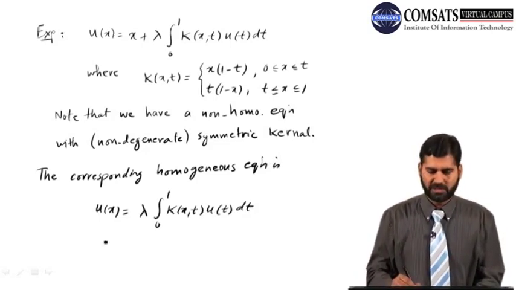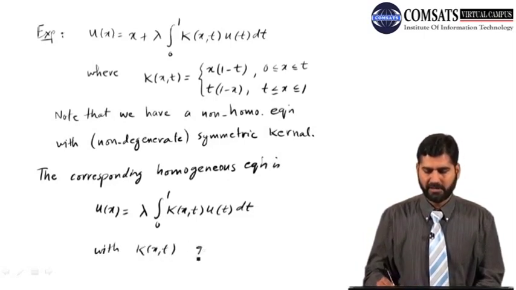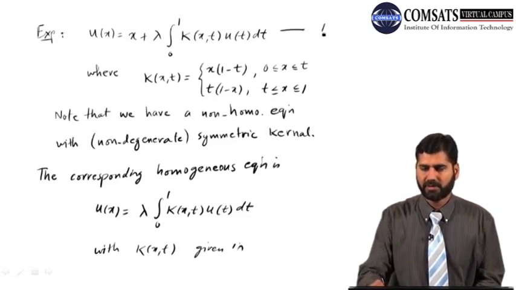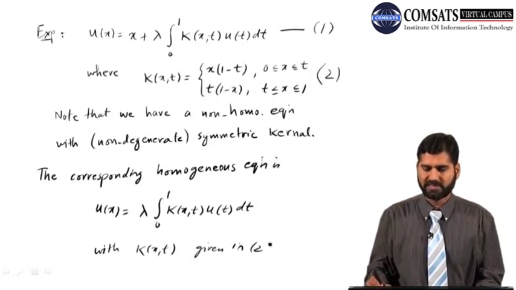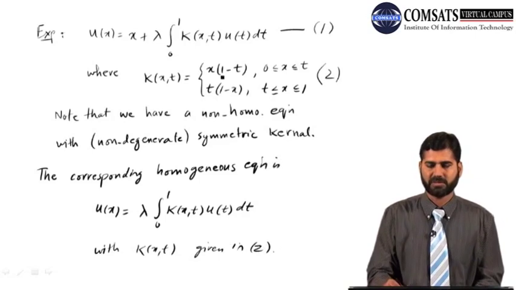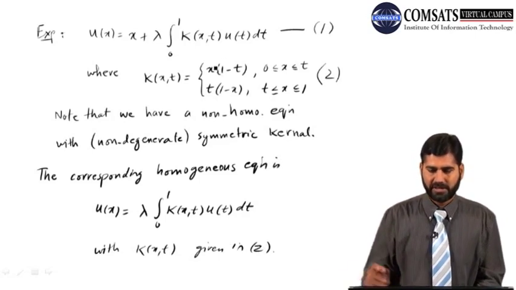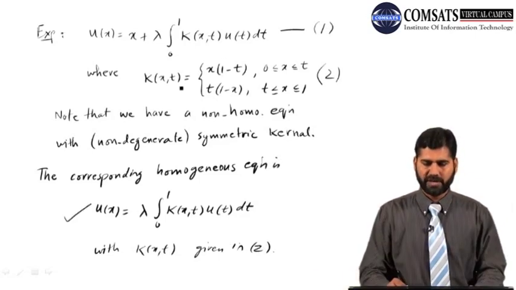So the corresponding homogeneous equation is given with K(x,t) given in 2. Let's call this equation 1 and this kernel 2. So of course K(x,t) is the same as this one. All right. So to find the eigenfunctions, we need to solve this one.